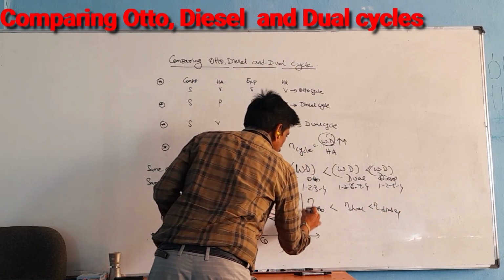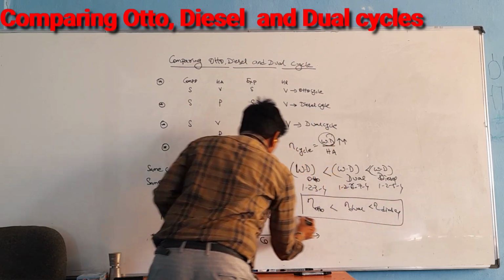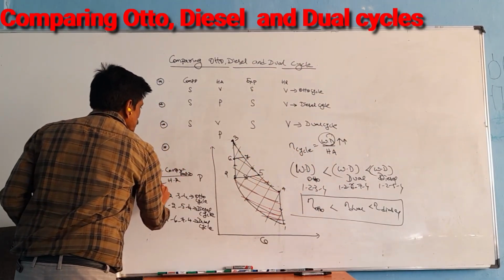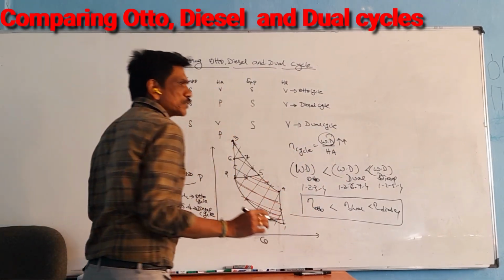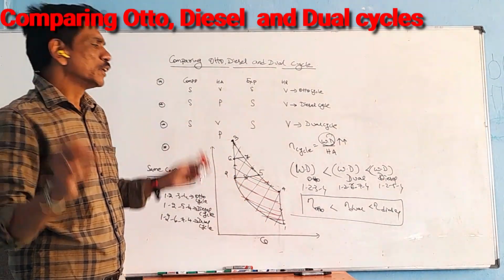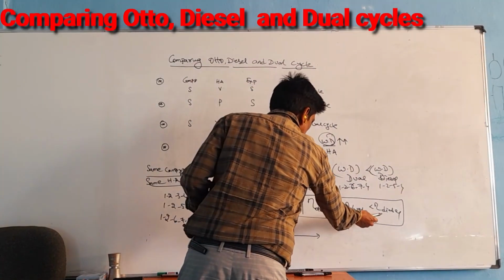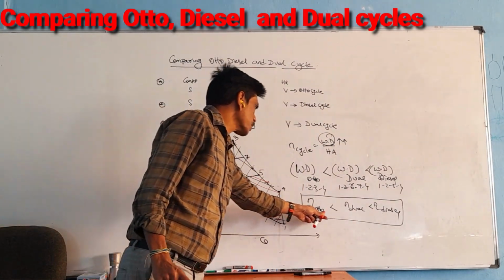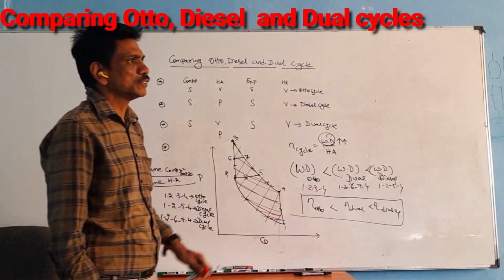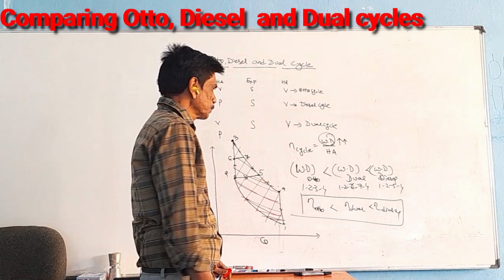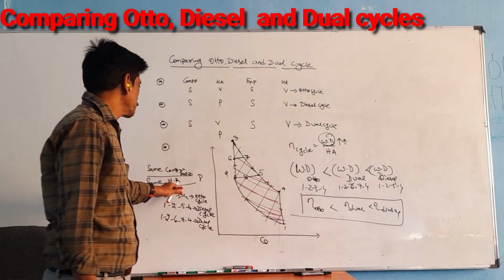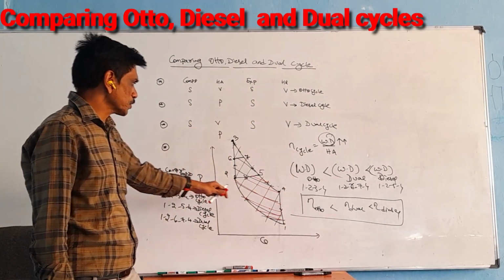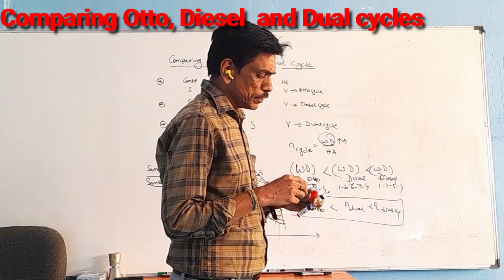For the same compression ratio and the same heat rejection, the Otto cycle is more efficient and the diesel cycle is the least efficient. So this is the comparison which holds in competitive examinations.